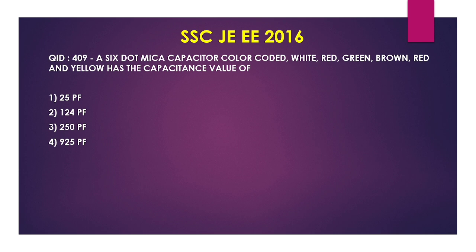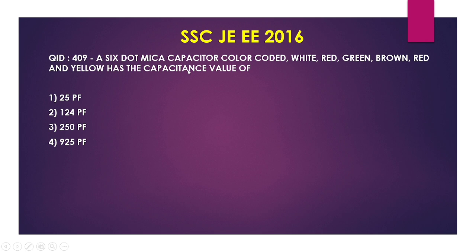A 6-dot mica capacitor that is color coded with white, red, green, brown, red and yellow has the capacitance value of, options are 25, 124, 250 and 925. Among these options, we need to find the value of capacitance using these color codes.